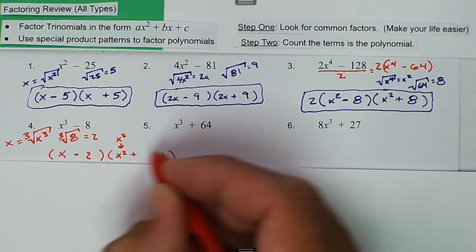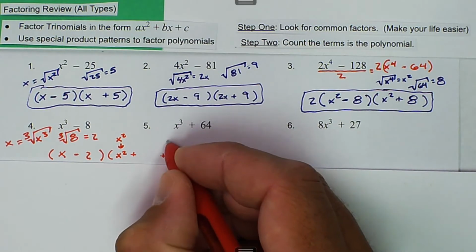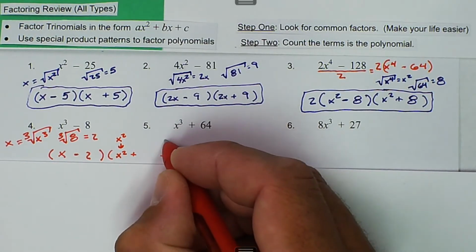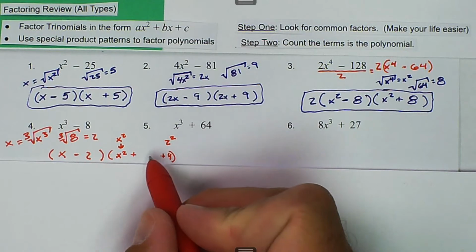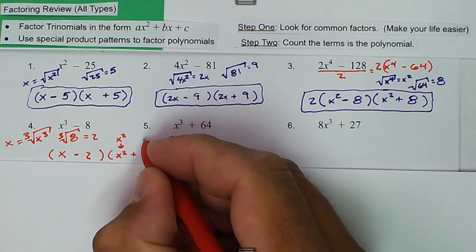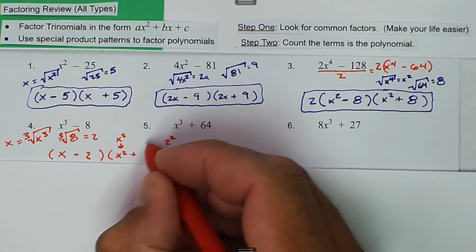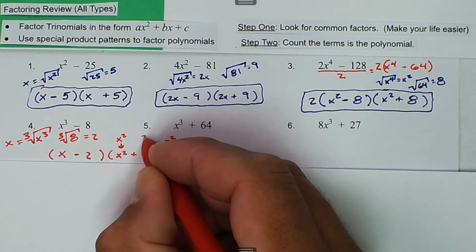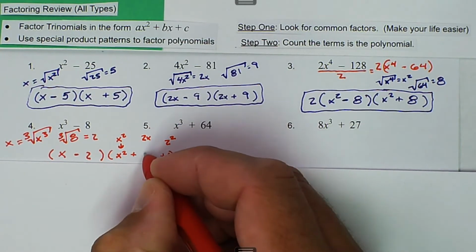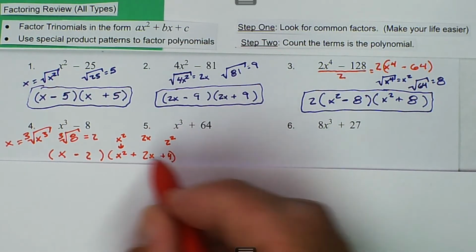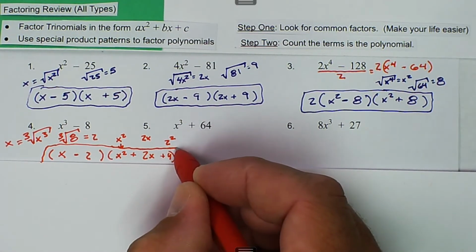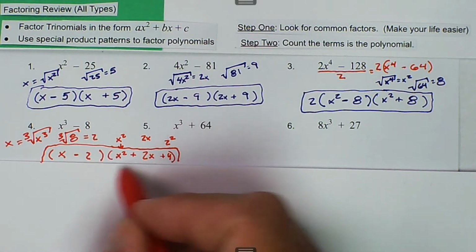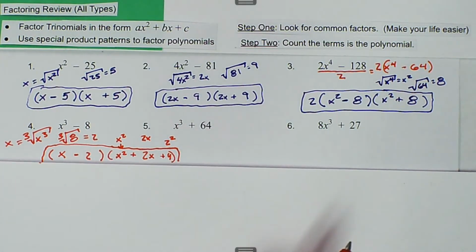Then the last term, we take the last term squared, so that's going to be 2 squared, and that becomes 4. And then the middle term is just these 2 terms multiplied together, so 2 times x, and we just get that 2x. So there is the difference of cubes factored.